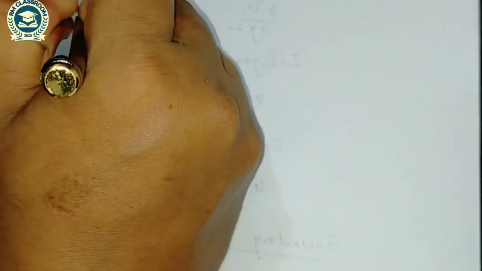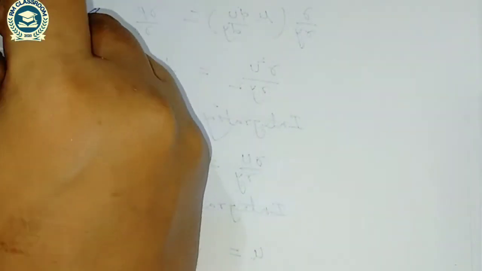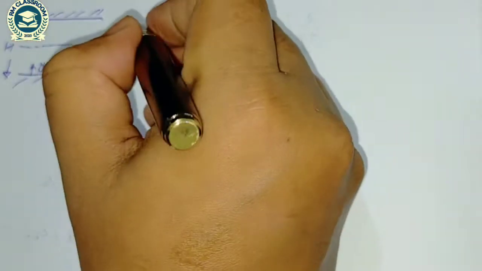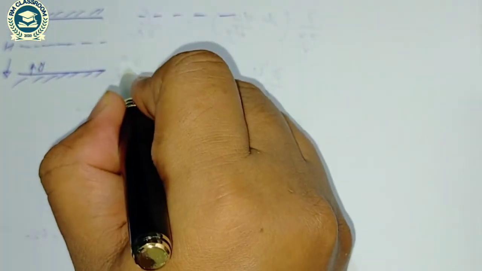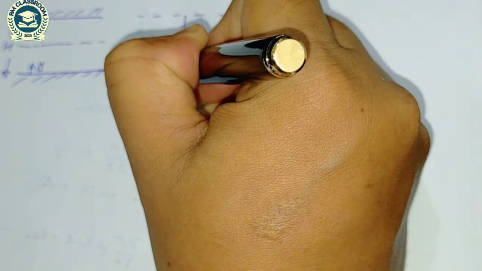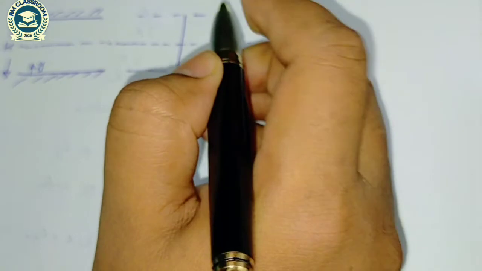So if I draw the distribution of velocity in parallel plates, let us assume this is our fixed parallel plates. This is the center line, the distance is h, and this is y. So if I draw the distribution, when y is equal to 0, our velocity is 0, and when y is equal to h, our velocity is 0, and the maximum velocity will occur at the center.